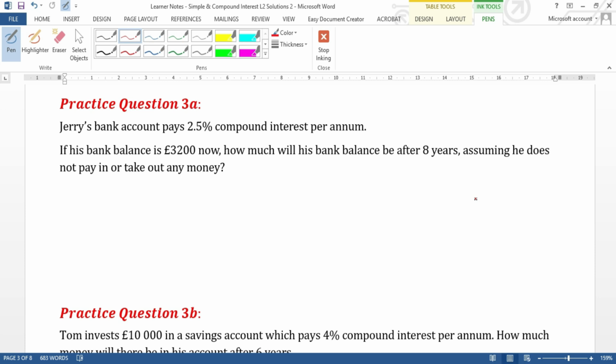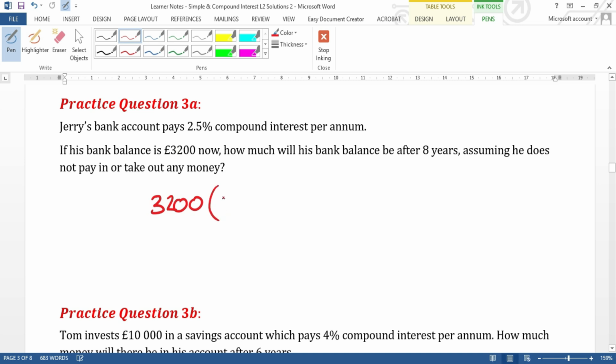So for practice question 3A, Jerry's bank account pays 2.5% compound interest per annum. If his bank balance is £3,200 now, how much will his bank balance be after 8 years, assuming he does not pay in or take out any money? So let's use the formula for this one. £3,200 is your initial amount, or how much he invests to begin with.